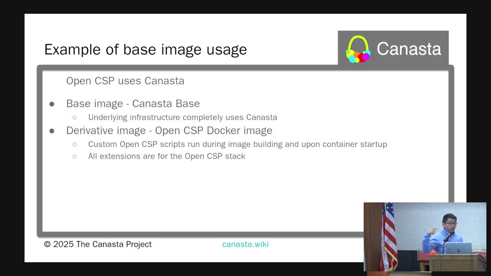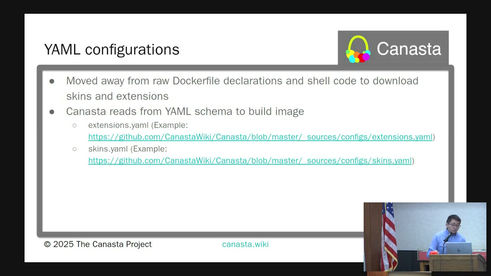Canasta supports hooks for both of those, and that derivative image then just copies from the base image, and you get a fully functioning OpenCSP stack. It's been a mutual symbiotic relationship here. We get to say that we power OpenCSP, and they get a fully functional OpenCSP platform, and they get to just focus on their layer while being able to use our layer for powering the magic.